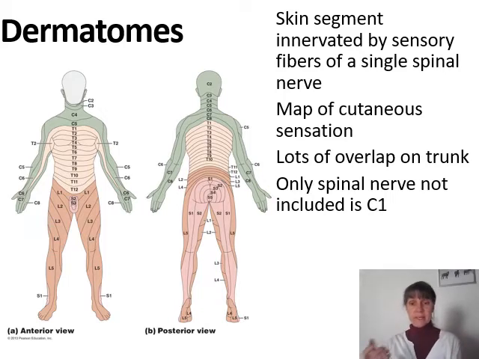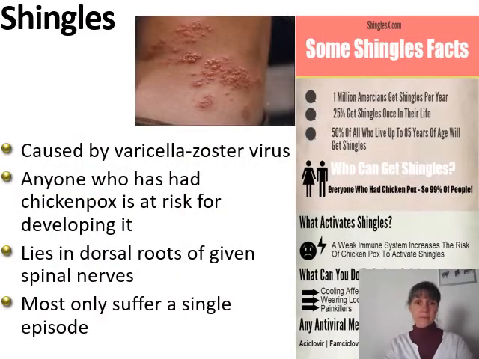And if there's any difference in the bilateral function, then that could indicate a problem with the spinal nerve at that level. And that's why dermatomes can be important tools for evaluating the nervous system.